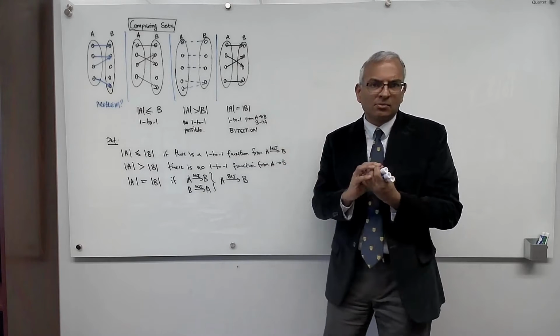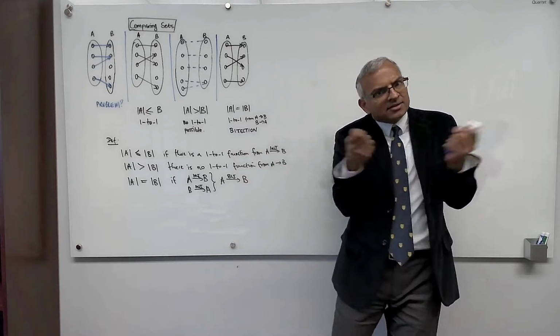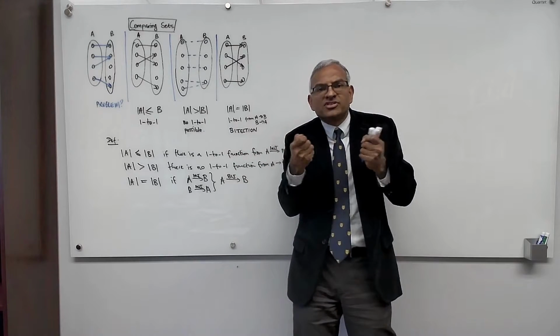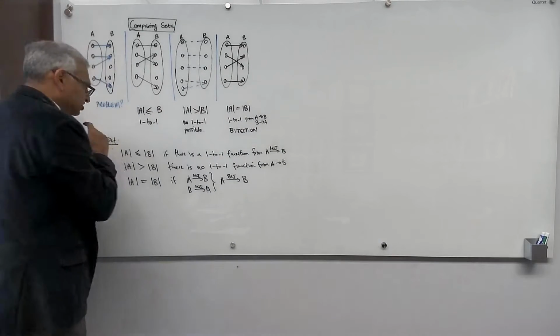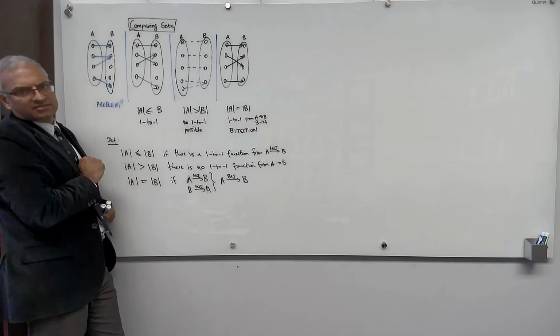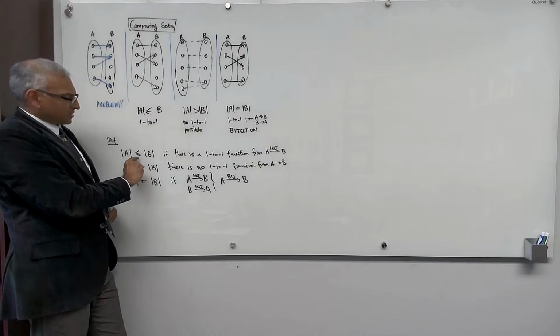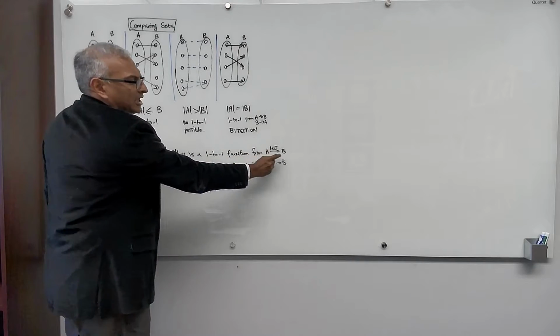Size only makes sense with finite sets. With infinite sets, we can only compare whatever the notion of size is, and we call that the cardinality. So, definition: we say that the cardinality of A, which for finite sets is the size, is less than or equal to the cardinality of B if you can find an injection from A to B.